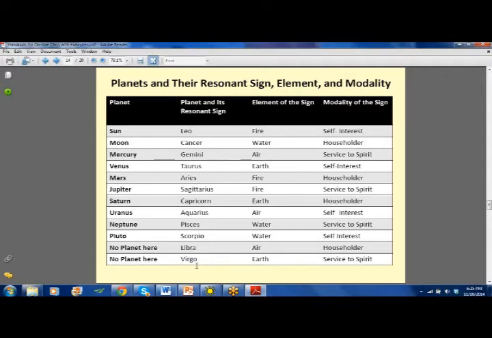So we haven't really incorporated the asteroids, because now there's something like 500 of them, or some ridiculous number, so you could really prove any point or figure anything out using them. So we're not using them to figure out the elements or the modalities. I realize it's a little confusing on the handout, so I added a note at the bottom to say that we're not using them.